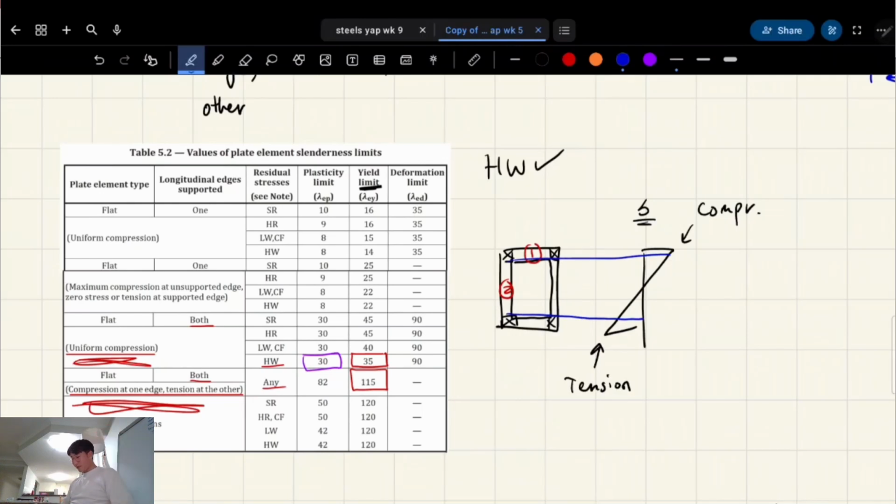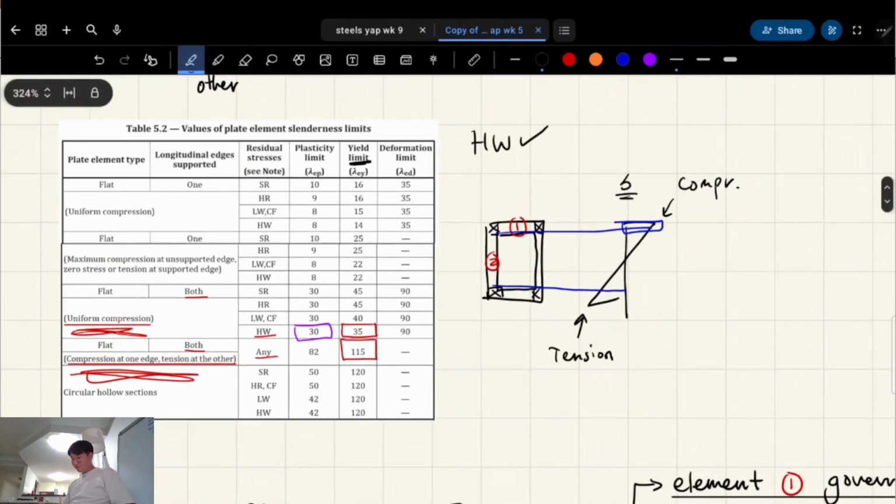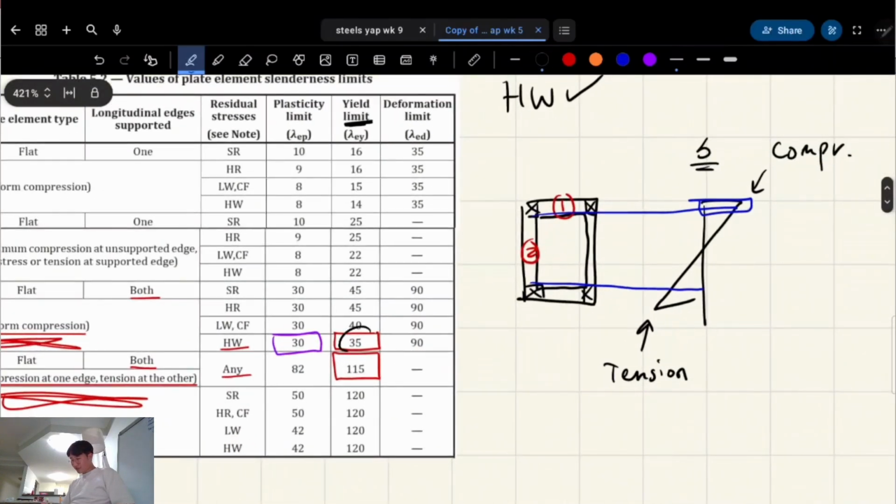Yeah. Okay, and then what about element 1? That's all compression. Uniform. Yeah, exactly. It's approximately uniform. It should say approximately uniform. I don't know why it says uniform compression, but we're basically looking at these.